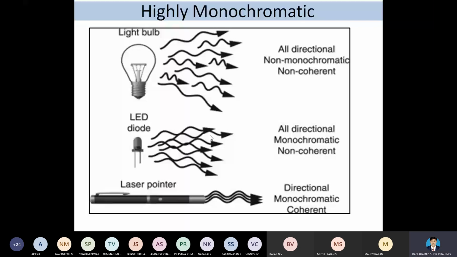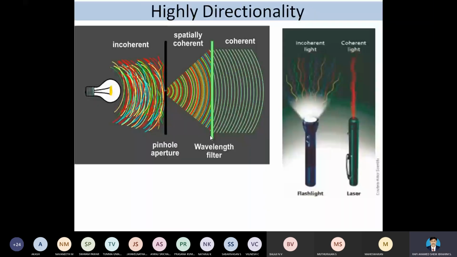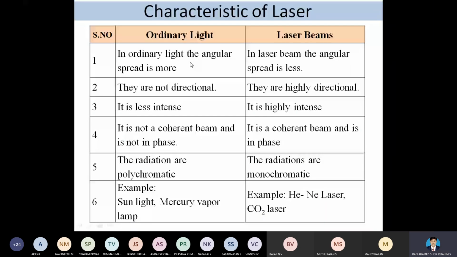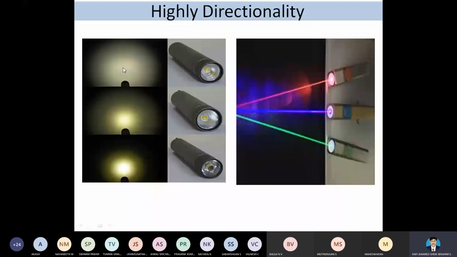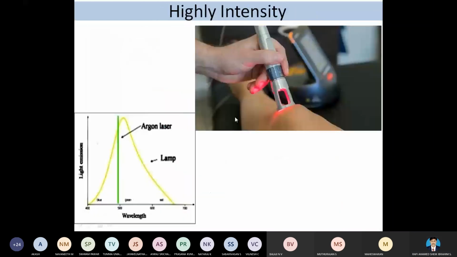So this is the comparison chart between the ordinary light and the laser beam, because we are studying these characteristics only by comparing with the ordinary light. Here I have pointed out 6 points with examples. The first point: in ordinary light, the angular spread is more. Here the angular spread is less.